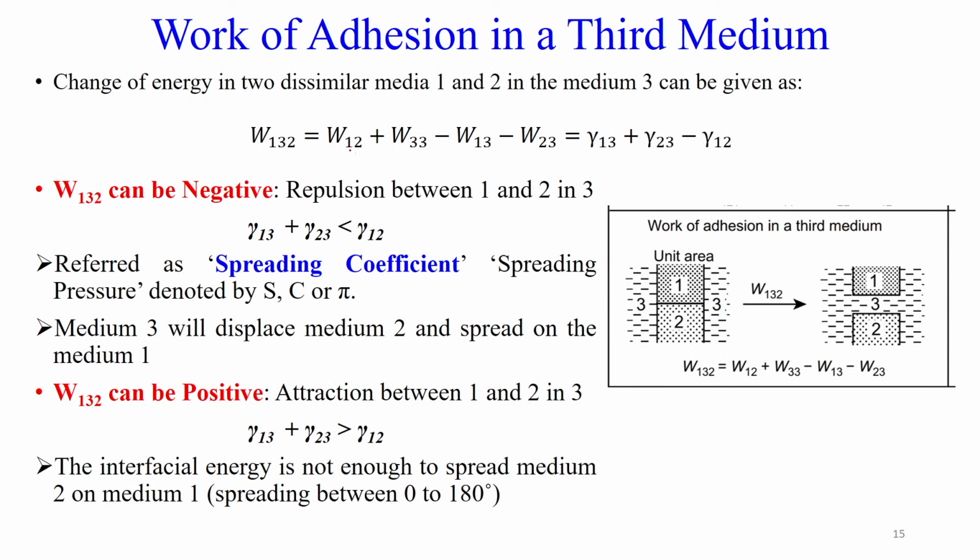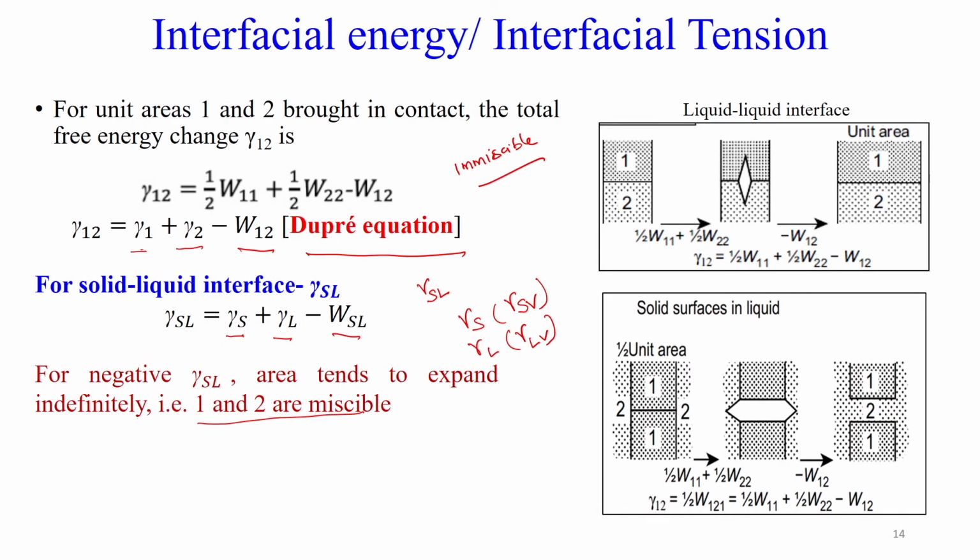So, if you remember, W12 will be gamma 1 plus gamma 2 minus gamma 12.